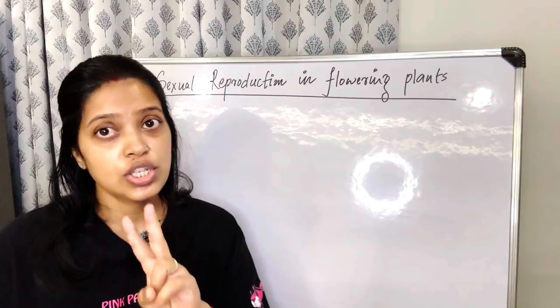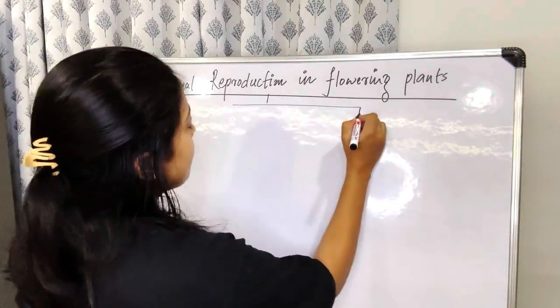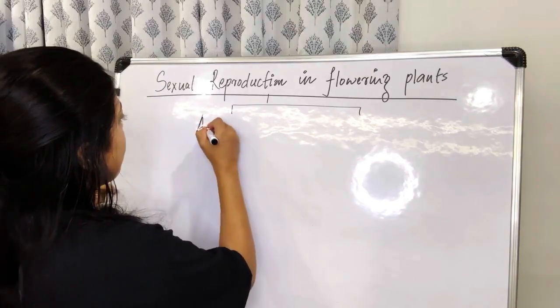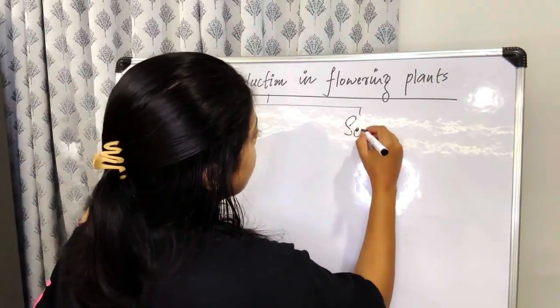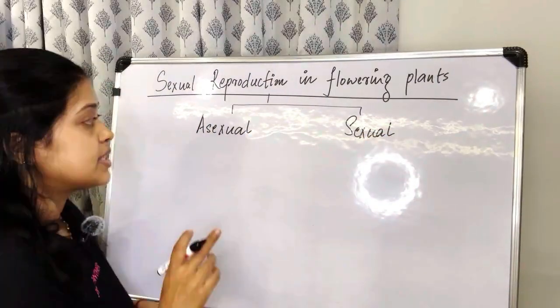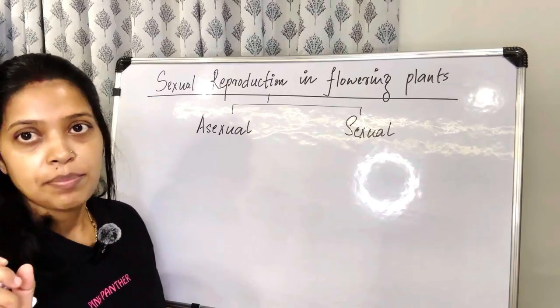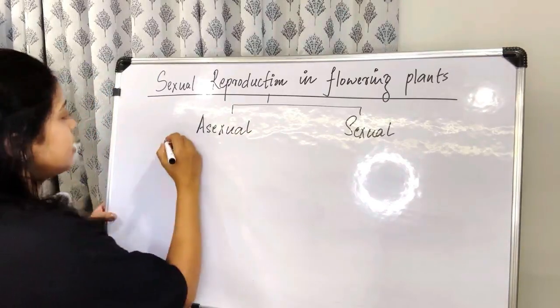Now, reproduction is of two types. Asexual and sexual reproduction. Let's start with the very basic. What is asexual reproduction? Asexual reproduction is when only one parent is involved.